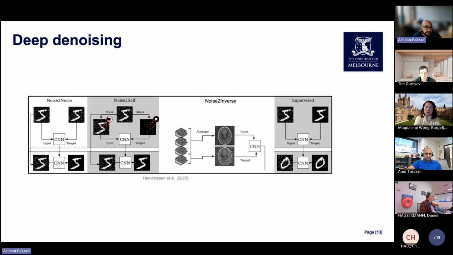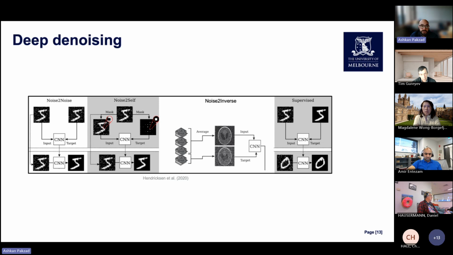For example, I know was also mentioned in the previous impact seminar, looking at noise to noise and noise to self. So these methods don't require a clean reference image. It can be applied in either the projection or the reconstruction domain.